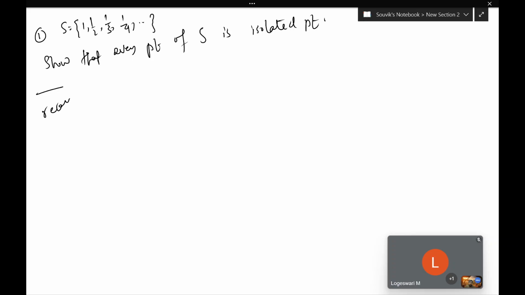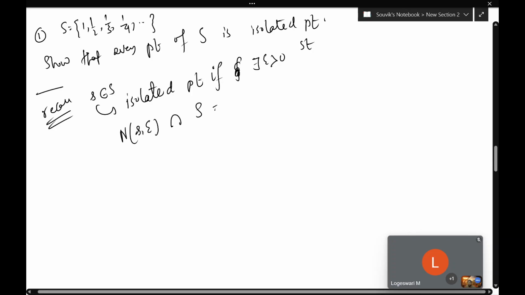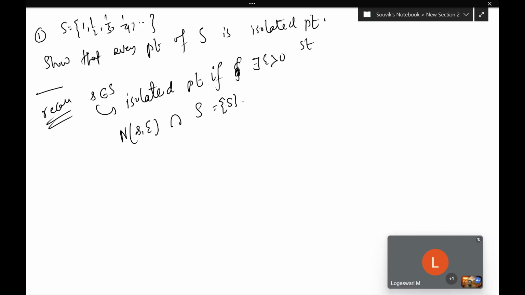Just for recall, let x belong to A; x is said to be an isolated point if there is epsilon greater than 0 such that B(x, epsilon) intersection S is equal to only the singleton x. So consider this set: this is one, this is half, this is one third, this is one fourth, and so on.